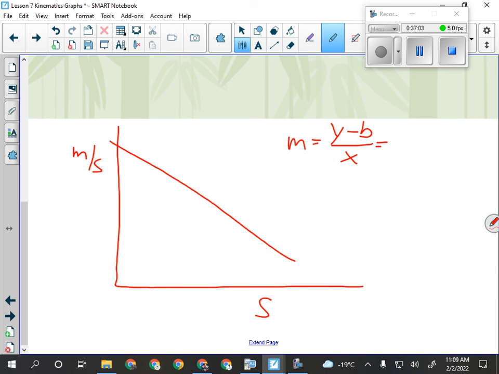Okay, velocity is on my y-axis. So if I go y minus b, what I'm really doing is taking my initial velocity and my final velocity. That's what those two y values would be. This would be b. This would be y. So I'm really going VF minus VI over time. What does that calculate?